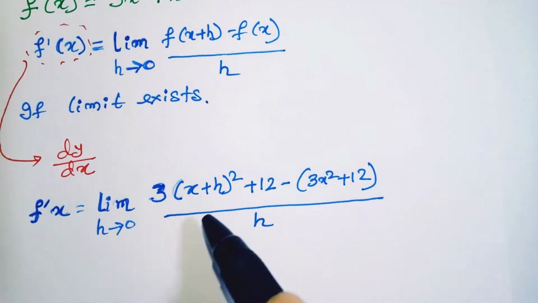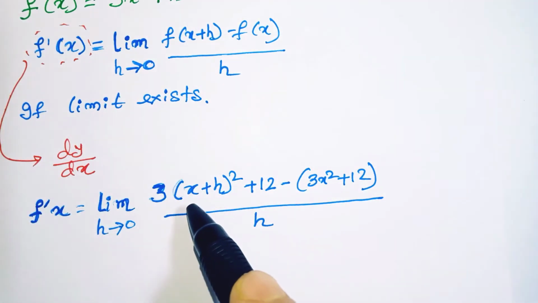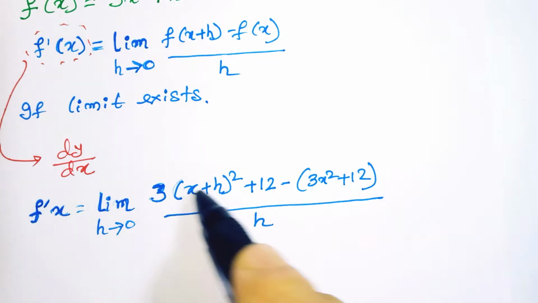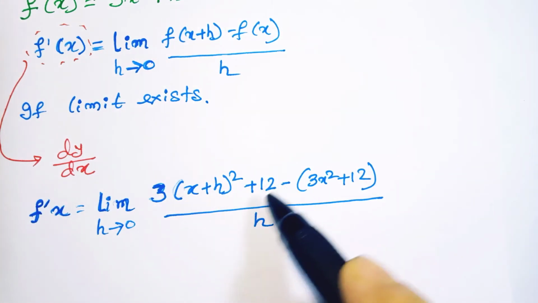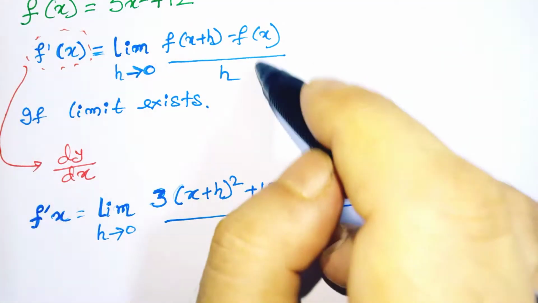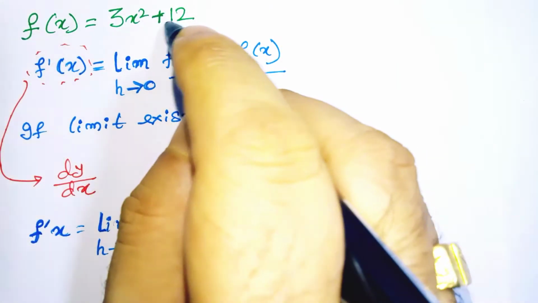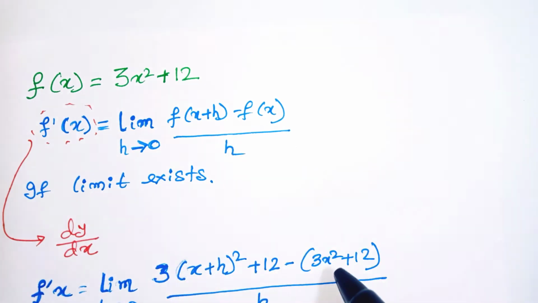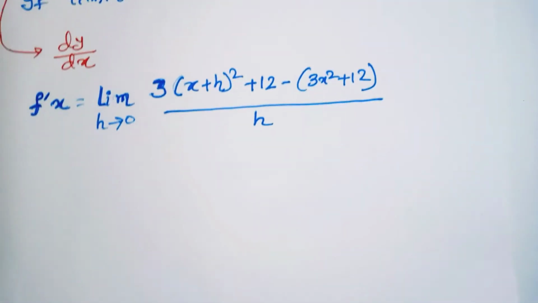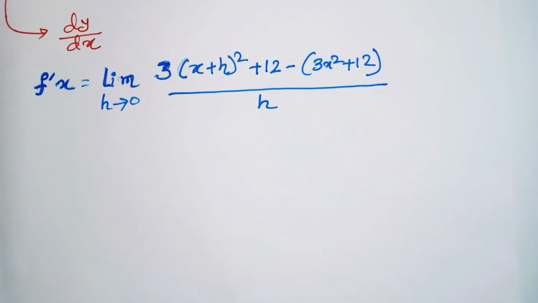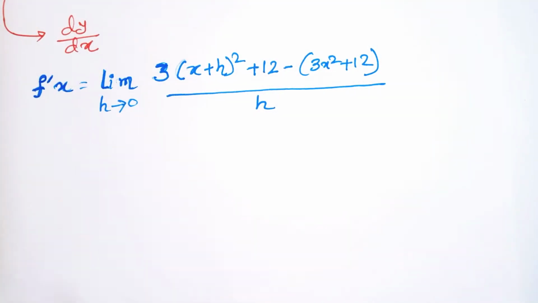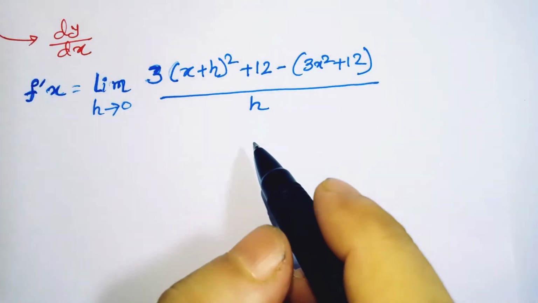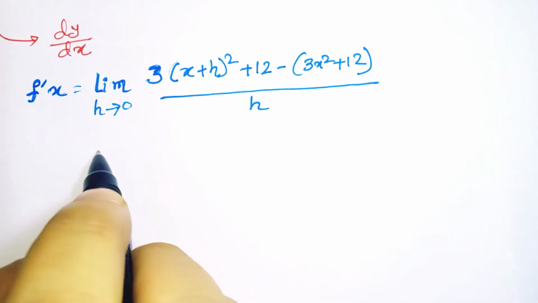f prime x equals the limit of h moving towards 0 of 3(x plus h) squared plus 12, minus f(x), which is 3x squared plus 12, all divided by h. So I can quickly solve this equation, and I will show you the result and what the underlying meaning is.